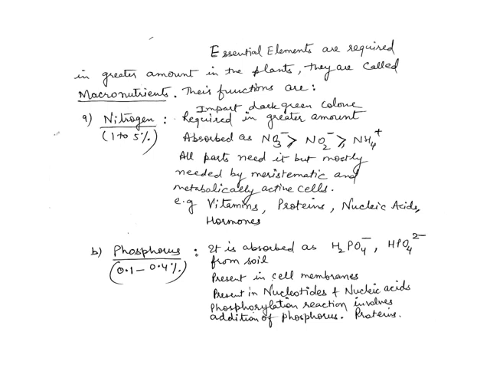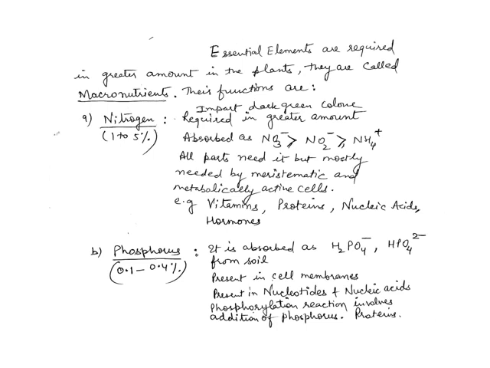Macronutrients like nitrogen, phosphorus, potassium, calcium, and magnesium are required in a higher quantity. So that type of essential elements are called macronutrients.